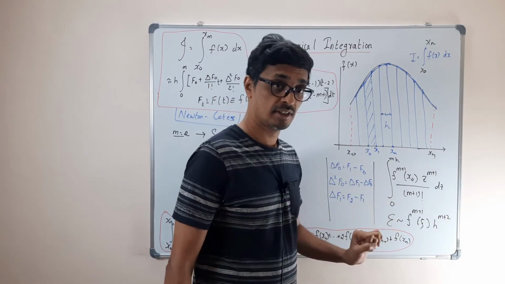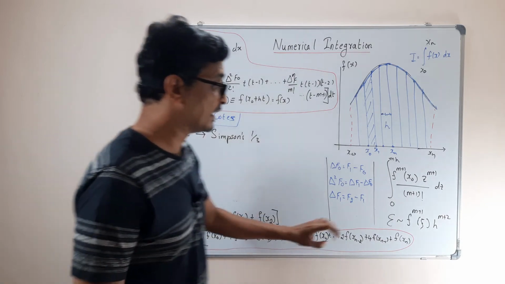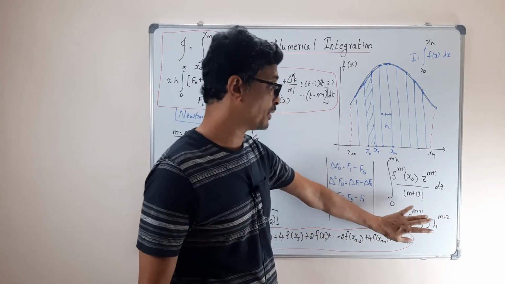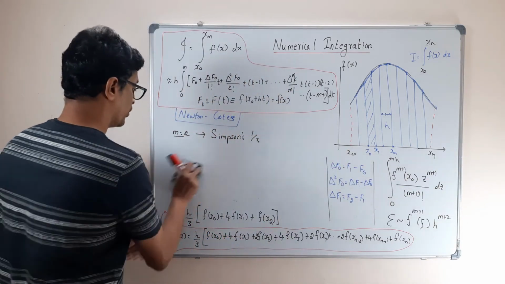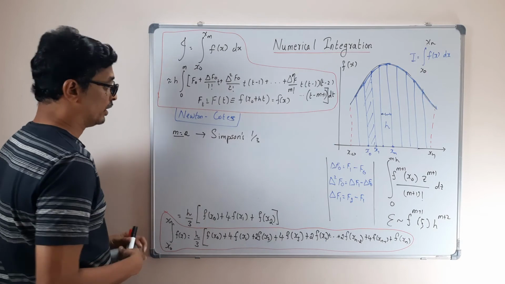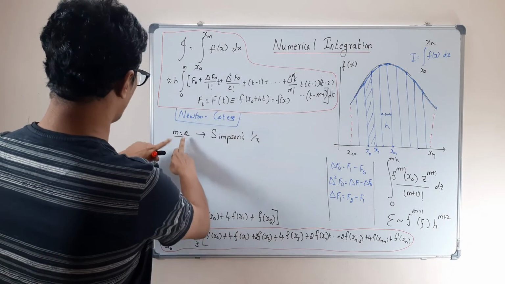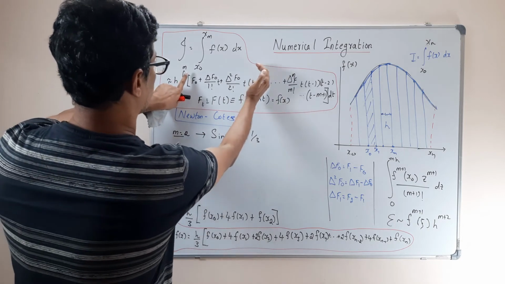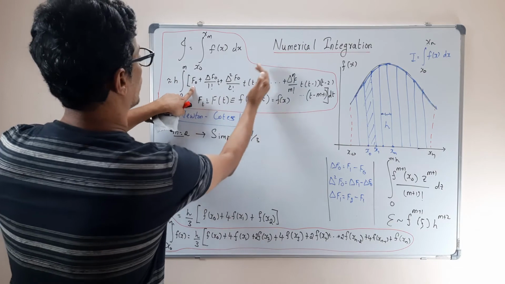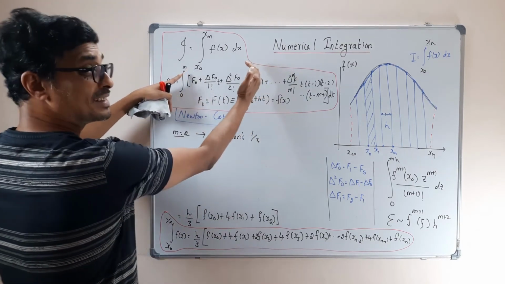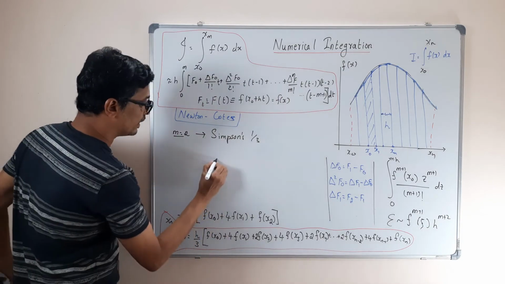But that is wrong. Simpson's one-third is very popular because its order of error is much smaller than this. Why this comes I will show you. If you remember, by taking m equal to 2, we stopped with these 3 terms only. So suppose the term which we truncated, the next term is what?